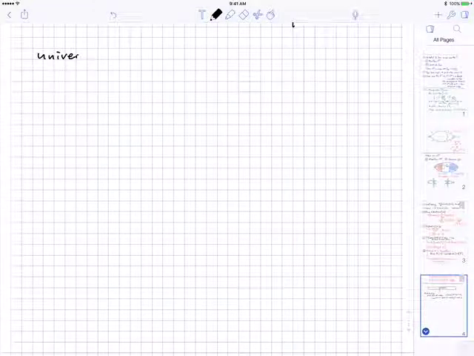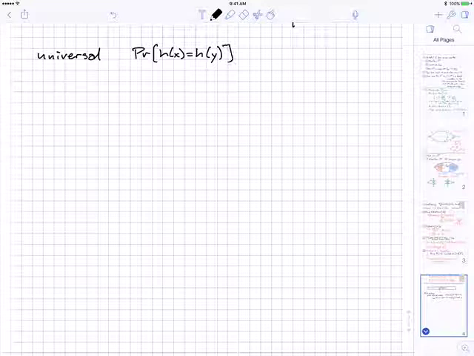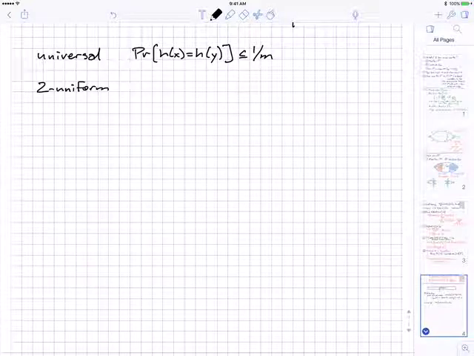So universal means the probability that any particular pair collides is at most 1 over m. 2 uniform is a stronger statement that implies universal.